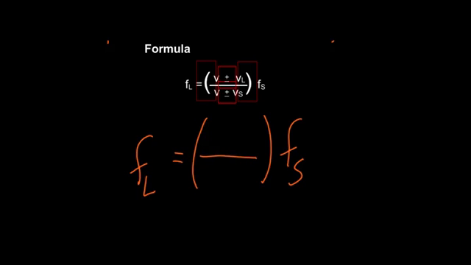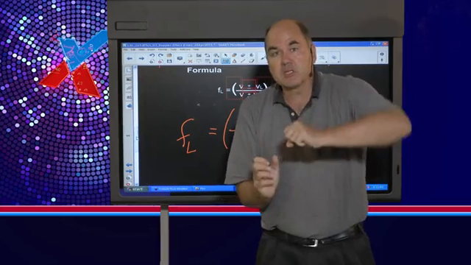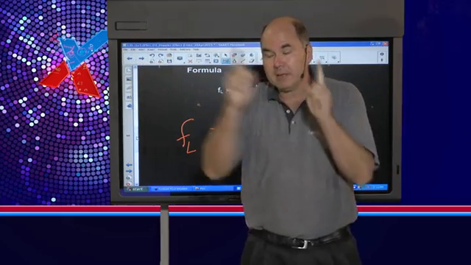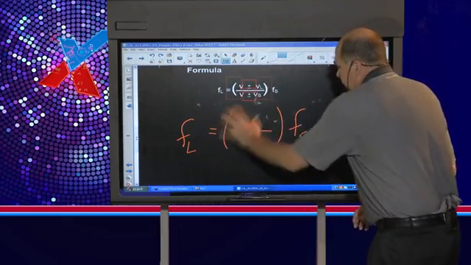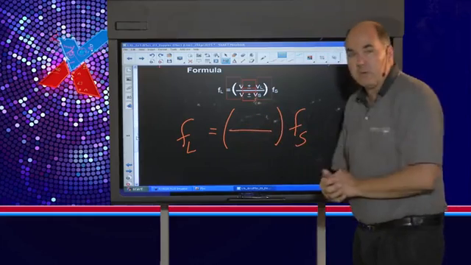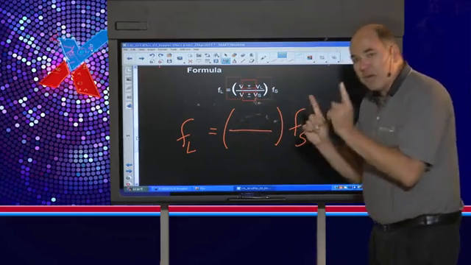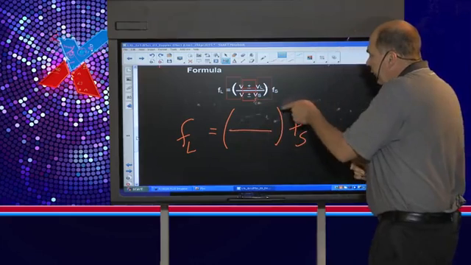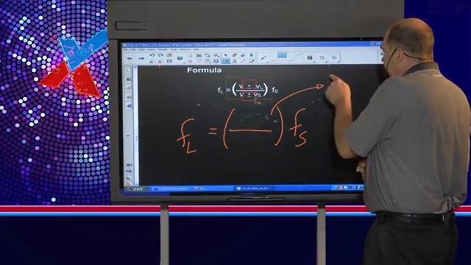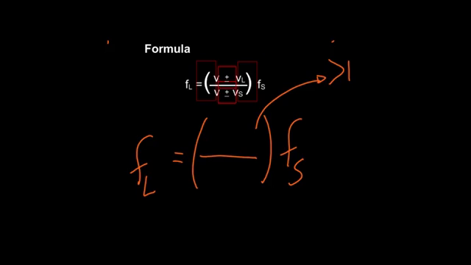But I want to explain to you that this fraction is either going to be smaller than 1, or it's going to be bigger than 1. Okay? Let me say that again. This bit is either going to be bigger than 1, or it's going to be smaller than 1. Let's try and predict. If that bit is greater than 1, then I'm going to have a number greater than 1 multiplied by the frequency of the source.